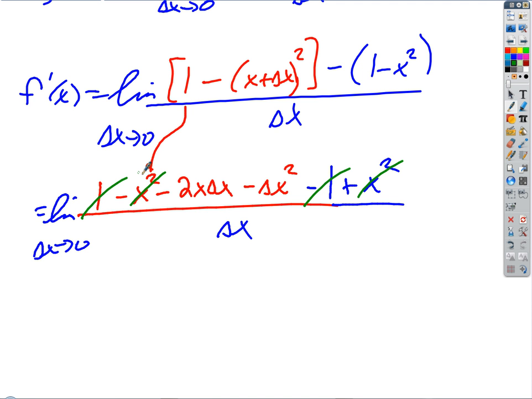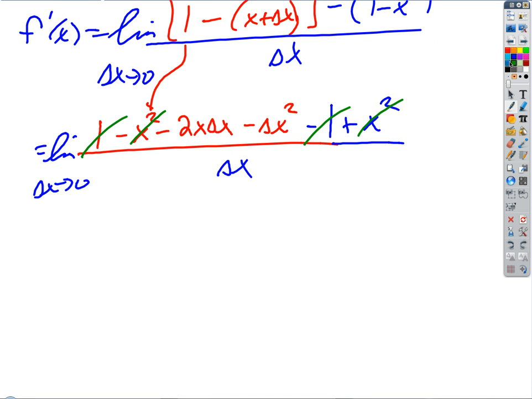And as advertised, look, both of the terms remaining have delta x's in them, right? And so what can we do? Factor. I can pull out a delta x. If I pull out a delta x, there were a couple questions about this. Now, what am I left with?